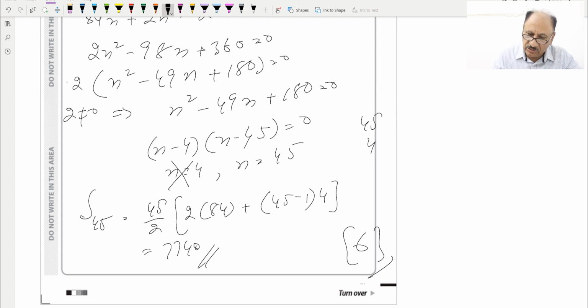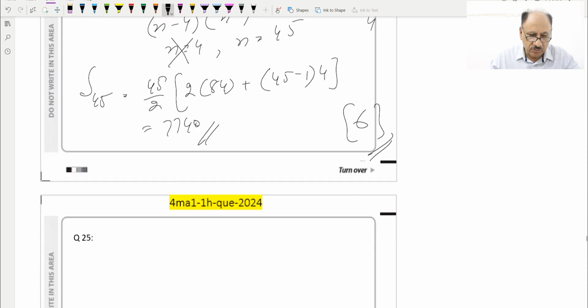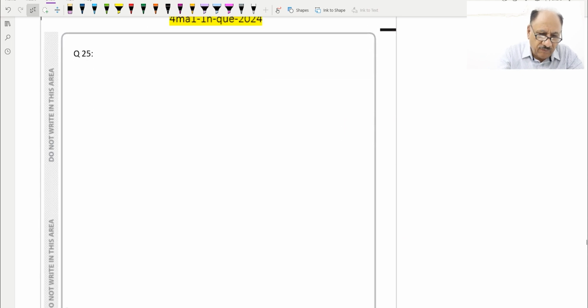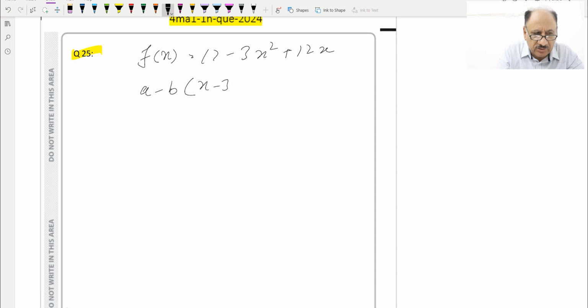So that is the 6 marks part which we have done. Hopefully you understood this. Now question number 25, which is the last question of this paper, says f of x is equal to 17 minus 3x square plus 12x, and write f of x in the form a minus b into (x minus c) square, where a, b and c are constants.